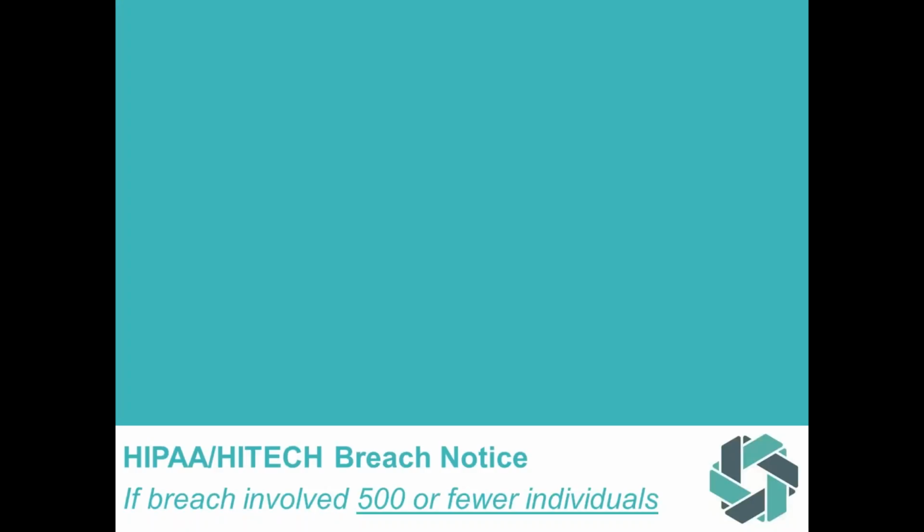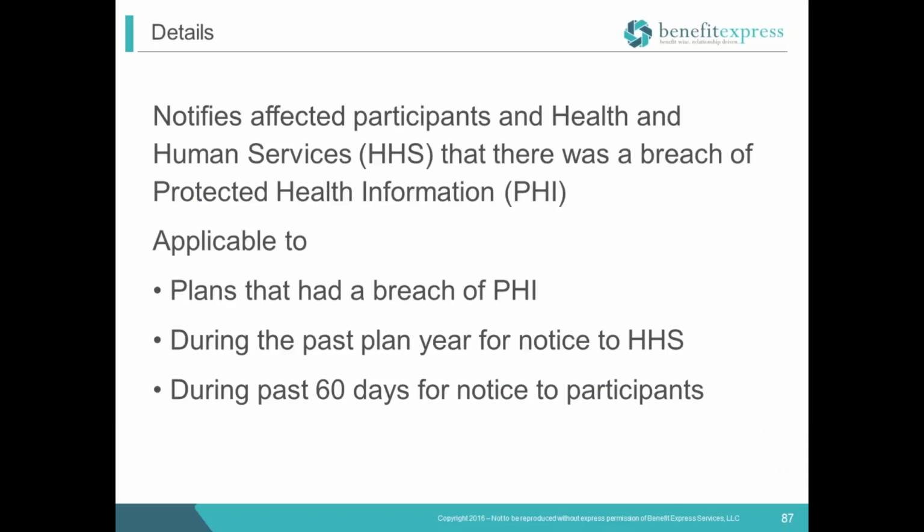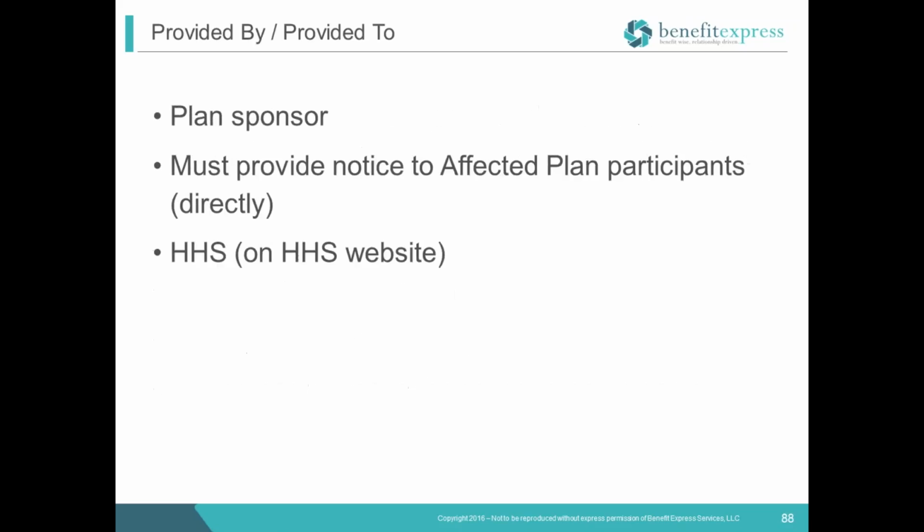Now suppose the breach involves fewer than 500 individuals. You notify affected individuals and HHS. This is applicable to plans that had a breach of PHI during the past year, and during the past 60 days with notice to plan participants. It has to be provided by the plan sponsor, and you must provide notice to the affected participants directly or on the HHS website.